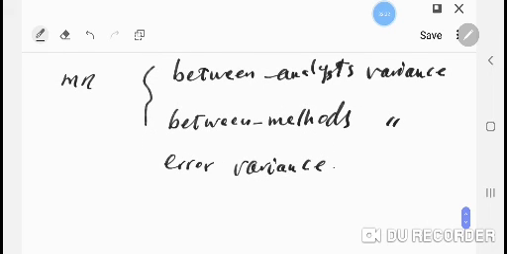The error variance becomes the denominator of F, and we can analyze for significant effect due to analyst and due to method.